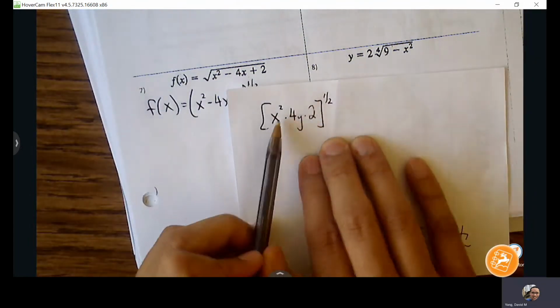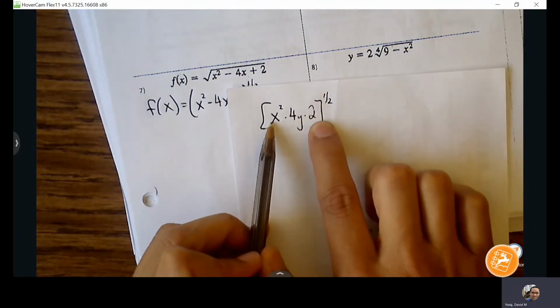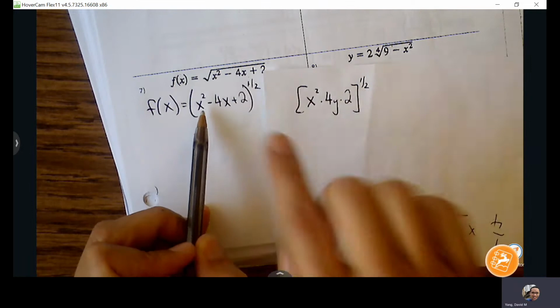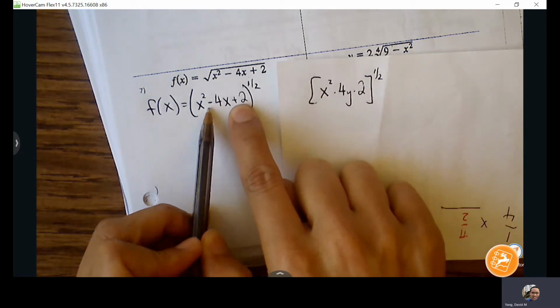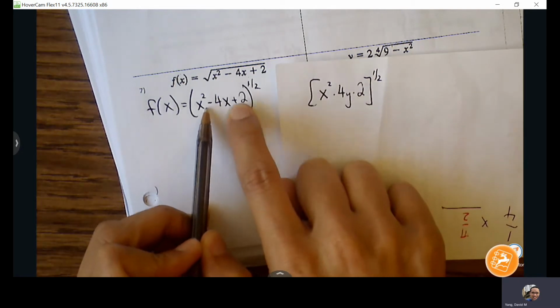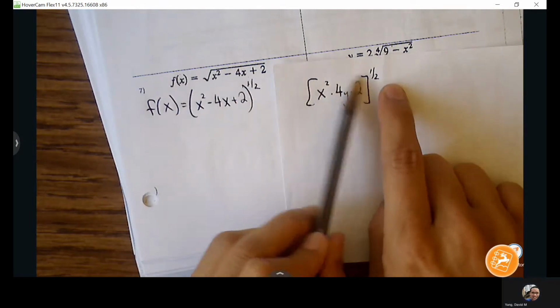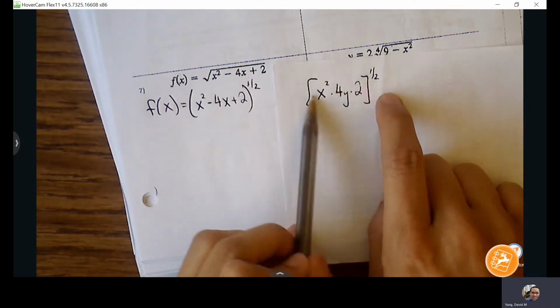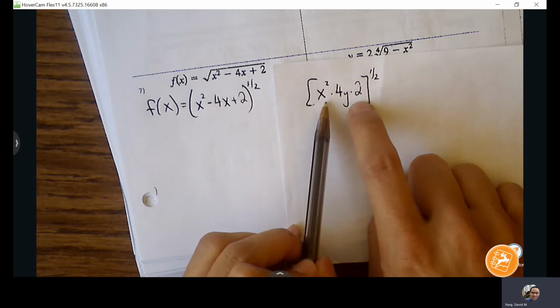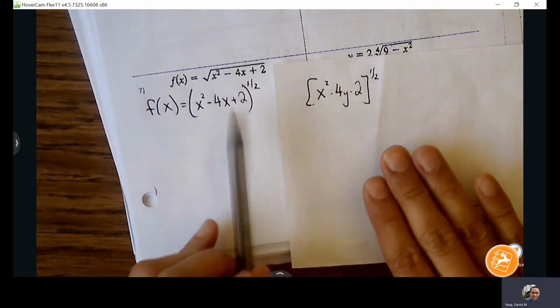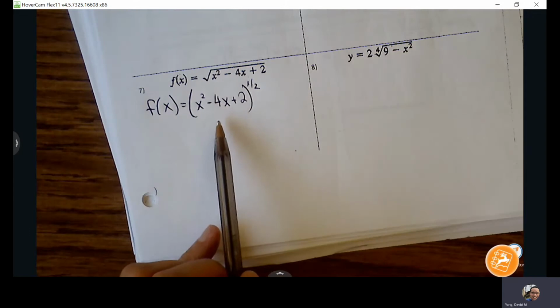You can distribute the 1/2 through all you want and you're not breaking any rules. But as soon as you introduce plus or minus into it, we have a lot of problems. A lot of students would think that everything is going to be like this, but not when there's addition and subtraction involved. So that prevents us from being able to do that.